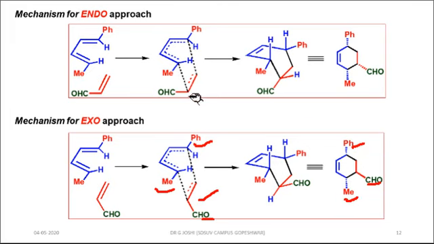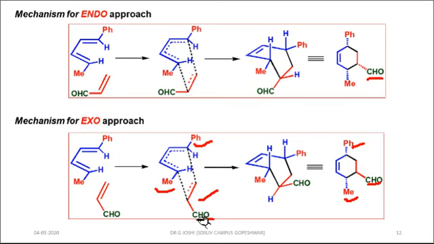or we can say that in endo approach, the stereochemistry of substituent of dienophile will acquire the stereochemistry of the groups which are lying outside in the diene.